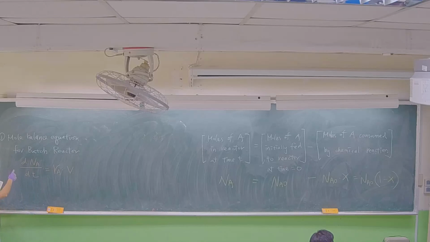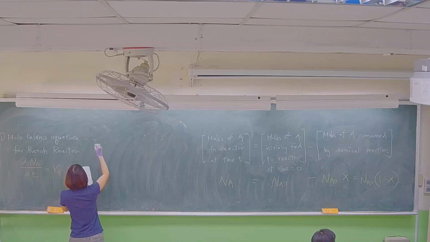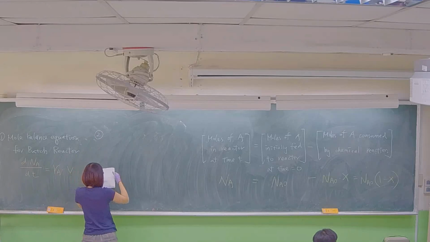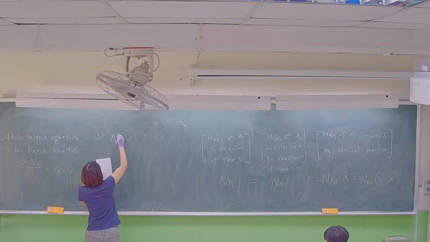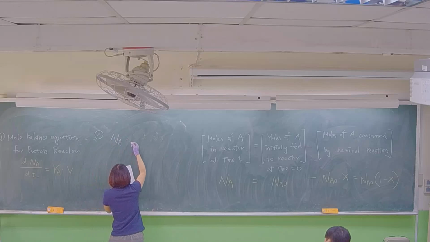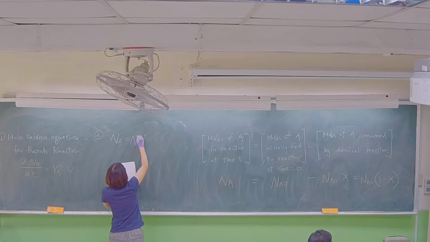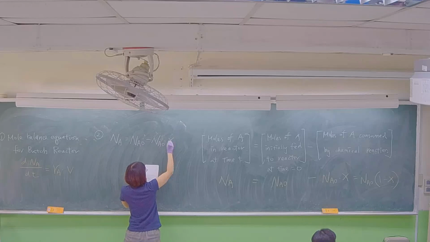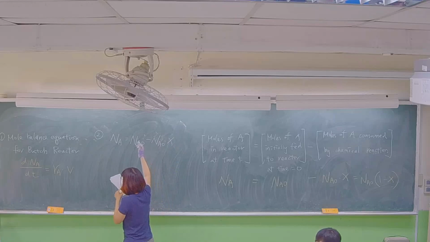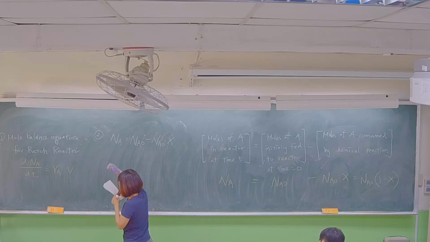So, beginning by using this equation. Second one, let's have an equation of conversion. Okay, so you know Na is equal to Na0 minus Na0X, right? As shown there. So you bring this one into this one.